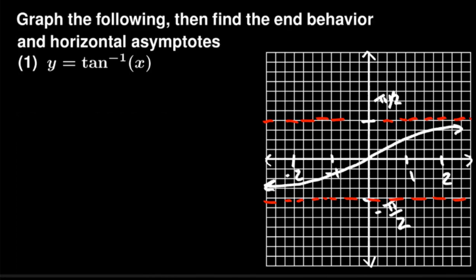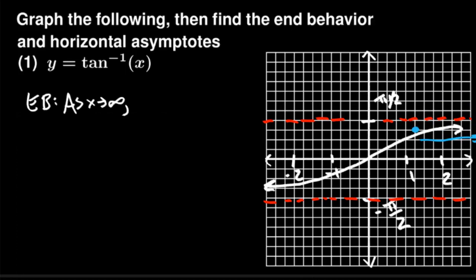So, end behavior. What's happening is, as x approaches infinity, imagine you put a little bug on here and had it move toward the right. What's it going to get closer and closer to? The horizontal asymptote.